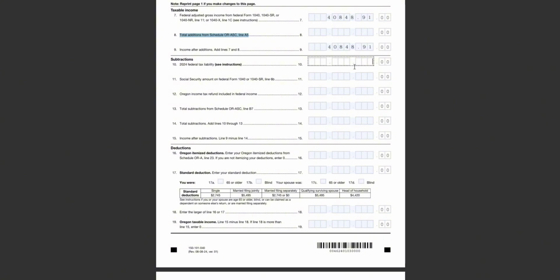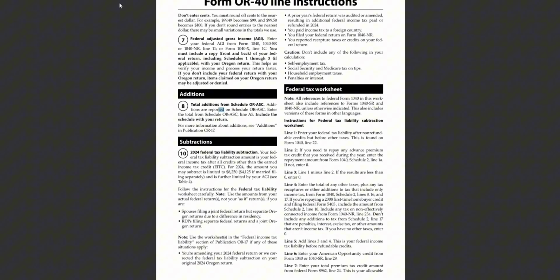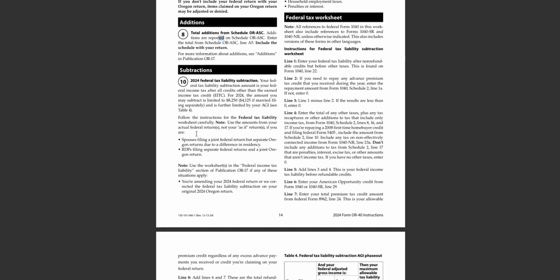So if you had a tax liability due, you would put that there, and they'll reduce your income by that to determine what your Oregon state tax is going to be. But for me, I have a refund, so I don't need to put anything there. We can also go to the instructions and look at the explanation here, and it can walk you through how to do that.